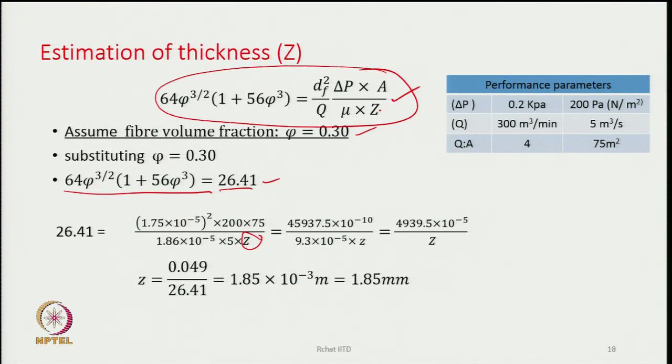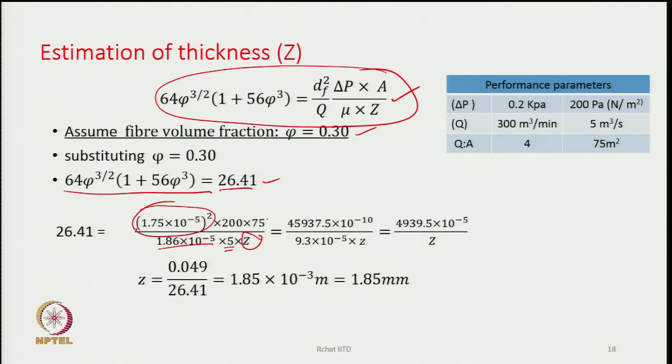Let us say we have also been given the diameter of the fiber, or the denier of the fiber. We can find out the diameter from here, because diameter squared is coming here. Delta P is 200, area is 25, this is the viscosity value, and this is the parameter Q, which is 5 meter cube per second, and this is the Z, which is unknown.